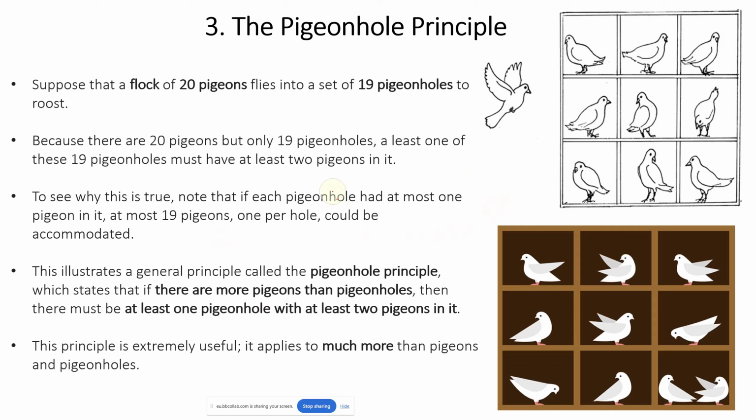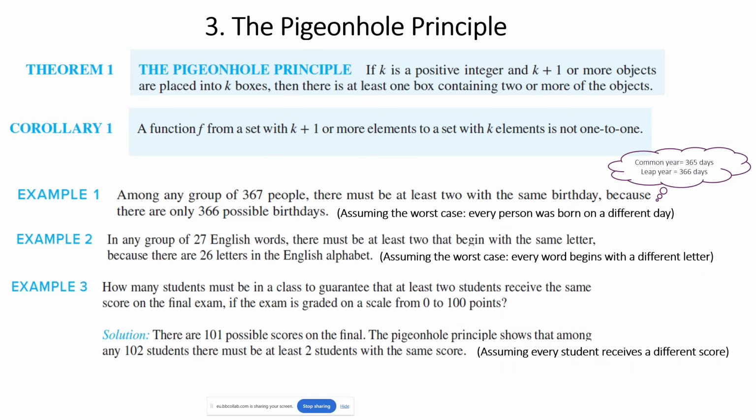So that's the idea: the pigeonhole principle is that if there are more pigeons than pigeonholes, then there must be at least one pigeonhole with at least 2 pigeons in it. So that's the principle. If k is a positive integer and k plus 1 or more objects are placed into k boxes, then there is at least one box containing 2 or more of the objects.